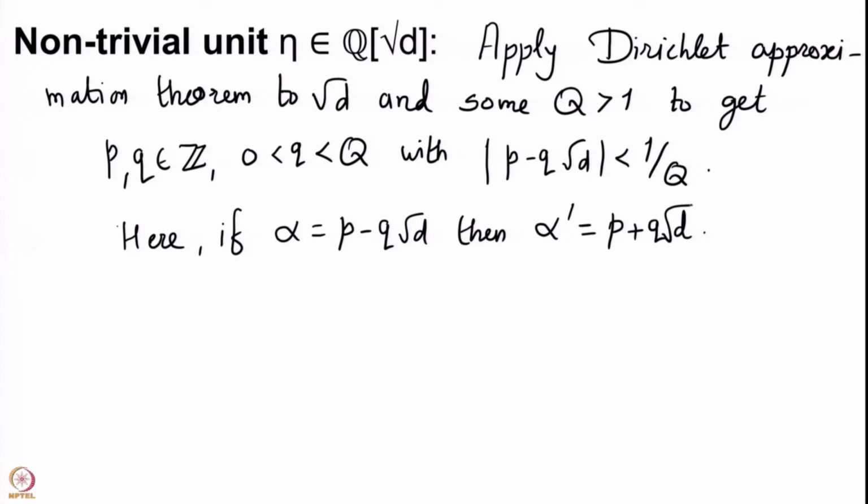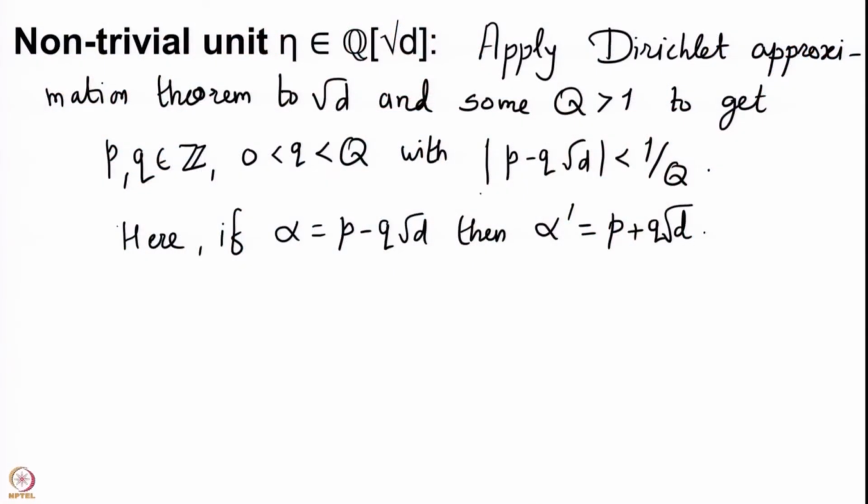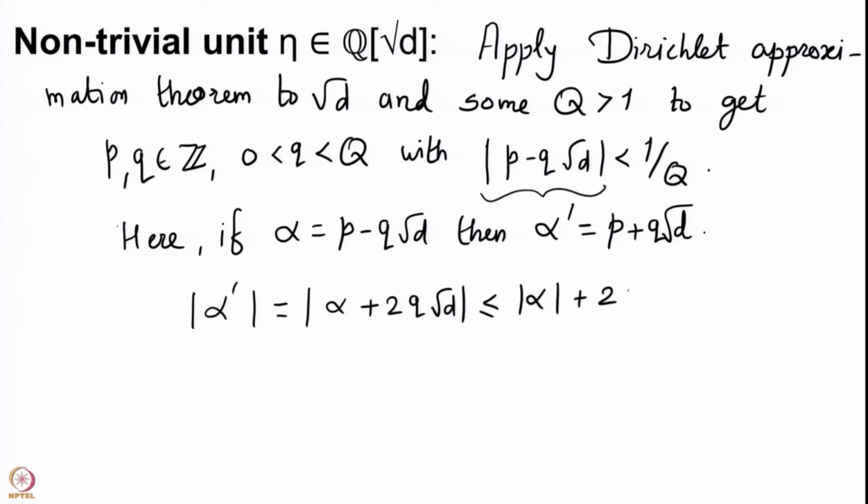Now we want to get some bound on the norm of alpha, but the norm of alpha is the product of alpha and alpha prime. We have some bound on the modulus of alpha. The bound on alpha prime is going to be, this is p plus q root D. So, this is simply obtained as alpha plus 2q root D. Therefore, this modulus is less than or equal to mod alpha plus 2q root D. We do not have to put a mod for q root D because root D is taken to be the positive root and q is anyway a positive quantity.